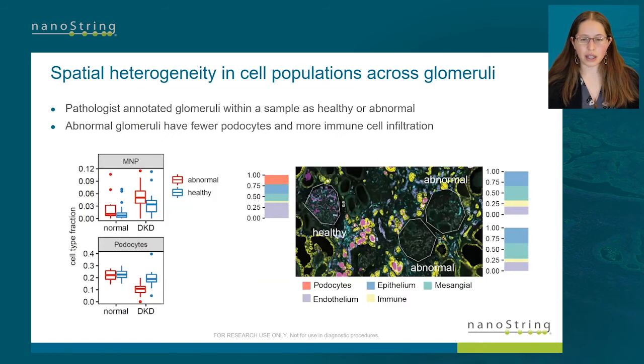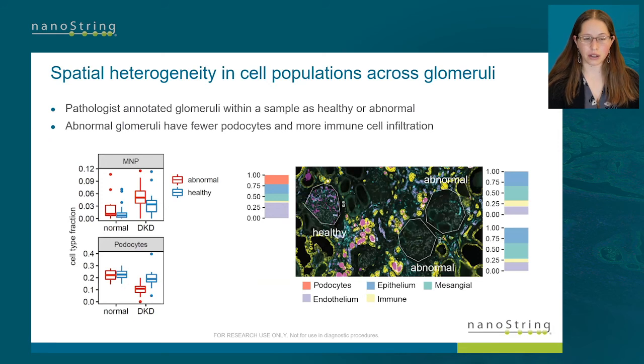As I mentioned, we had a pathologist annotate all the glomeruli in our sample with the degree of pathology that they showed. And so if we now look based on this pathological annotation, we can see that the changes in cell type track with the degree of severity of disease.